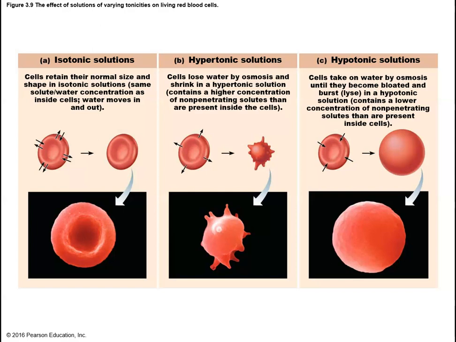Now, if what we wanted was picture A, for that cell to slide through capillaries one cell at a time, how well is the hypertonic cell going to slide through? Or is it going to be more likely to clump? And clumping blood cells then results in loss of blood flow.